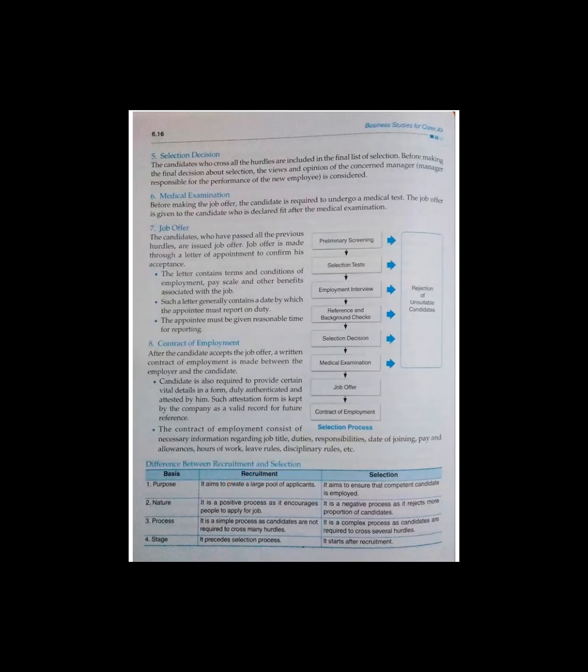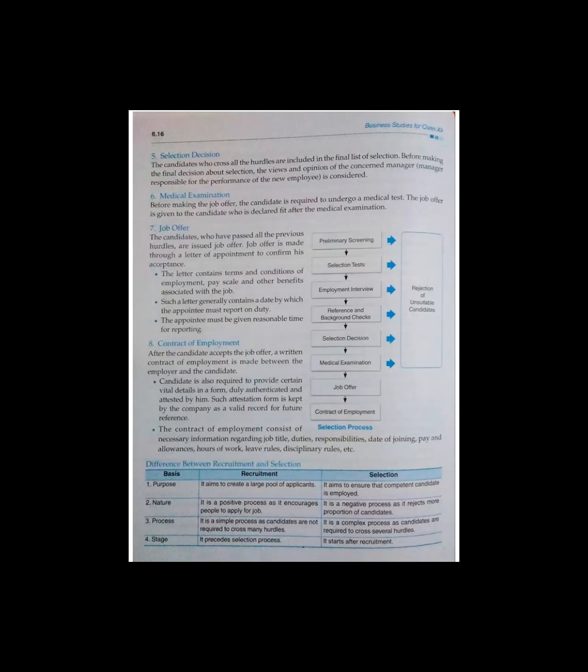For example, if we are calling for interviews, we will be getting hundreds or thousands of people. Among them, we will be recruiting in bulk, or we are in need of 100 people, 100 sales executives, supervisors. So for a large pool, we will be going for recruitment.